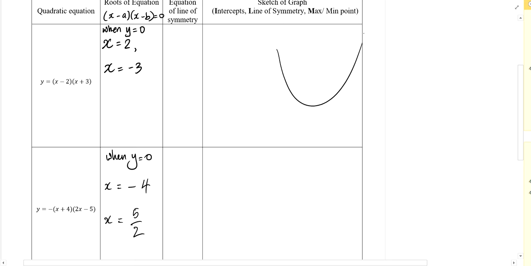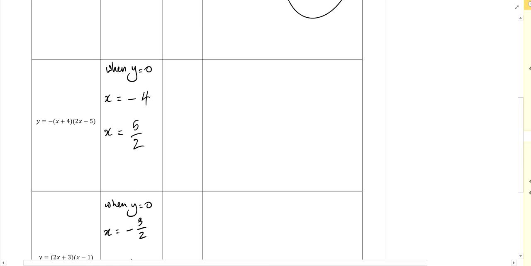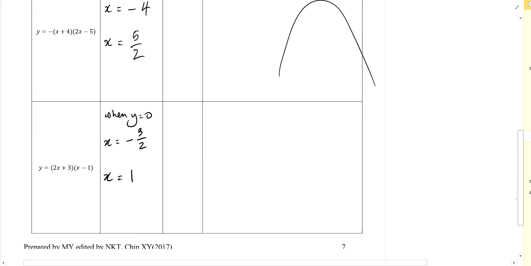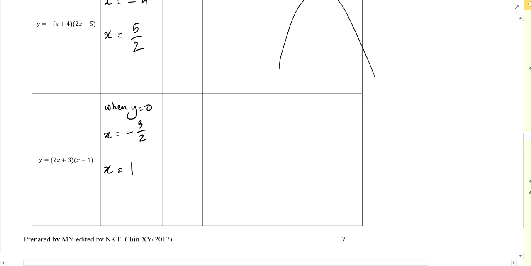Equation number 2: what is the coefficient of x squared? Negative, so parabola opening down. And the last one, coefficient of x squared, positive or negative? Positive, so parabola opening up.